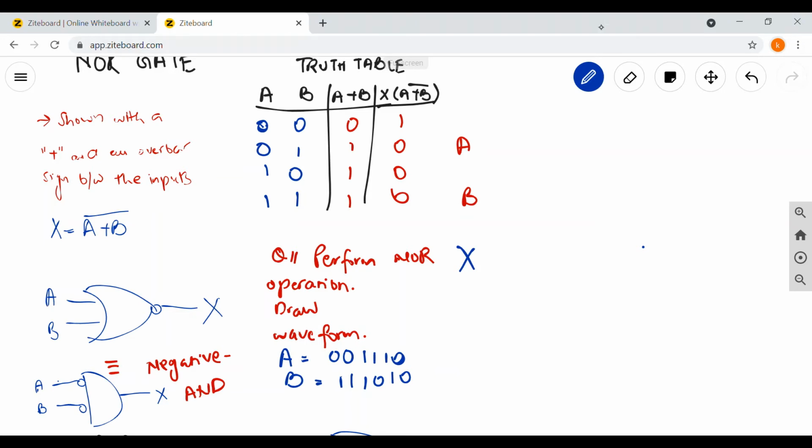So we'll just directly draw the waveform like this: 0 0 1 1 1 and 0, and 1 1 1 0 1 0.